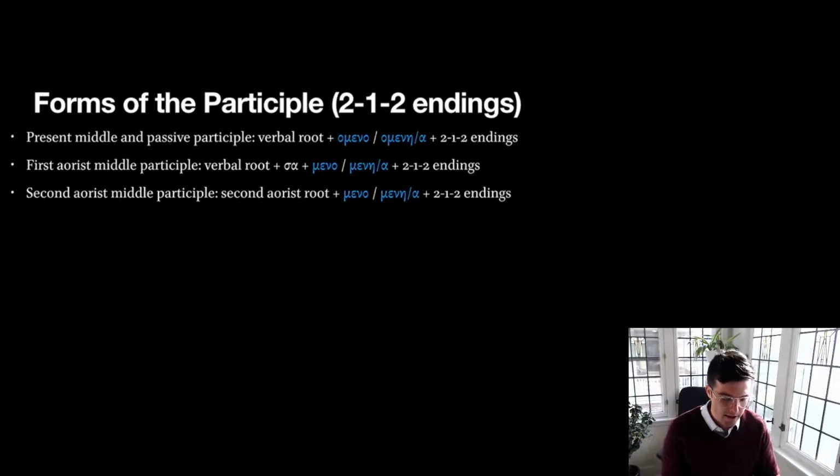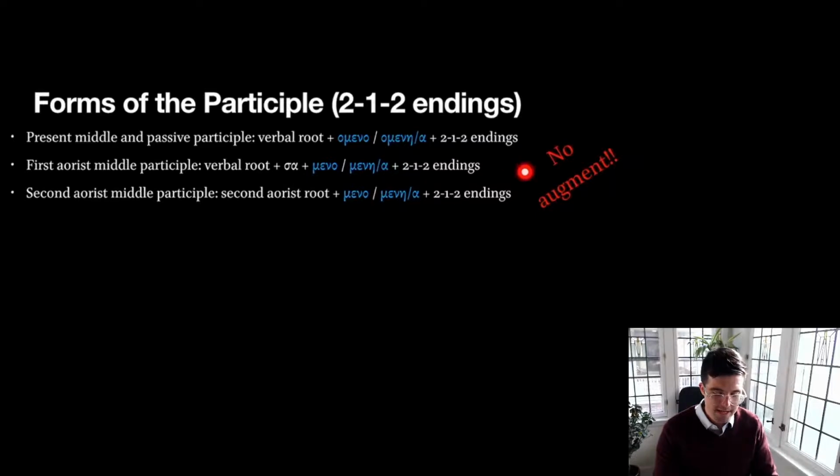With the second aorist middle, we're going to have almost the exact same thing, a minnow or mine, mina. So these are, again, for the masculine and the neuter, and these here are going to be for the feminine. But the only difference is going to be our second aorist root rather than an unchanged root with sa. So we're going to be using that changed root of the second aorist.